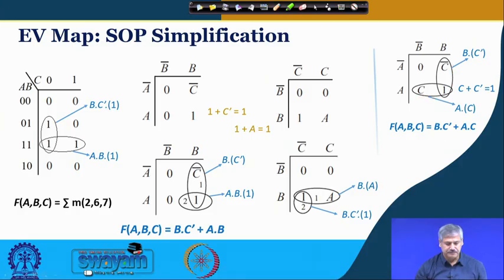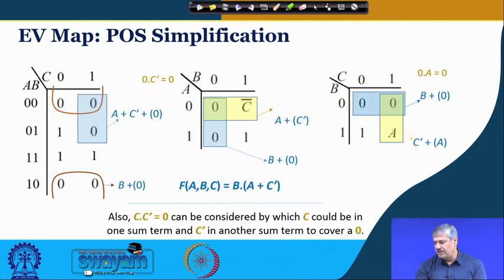So, that is what we take note of in minimization using the entered variable map. The same thing can be used for POS simplification, product of sums simplification, for the same truth table. In the previous case, wherever there was a min term present, it was ANDed with 1, and a min term absent means the corresponding input combination is ANDed with 0. So, that is why it is not there.